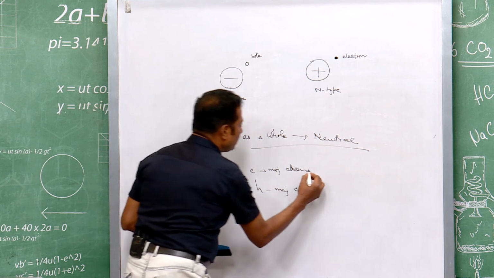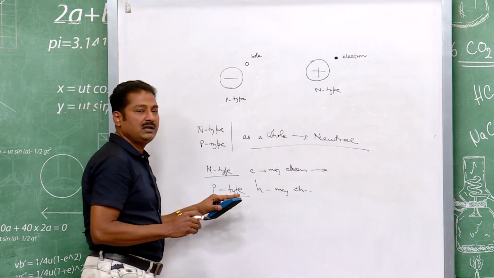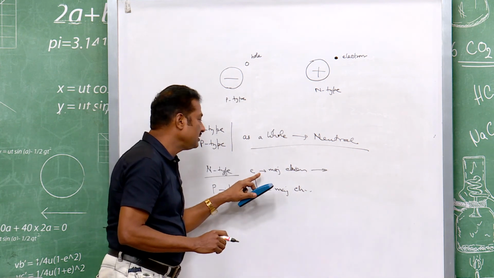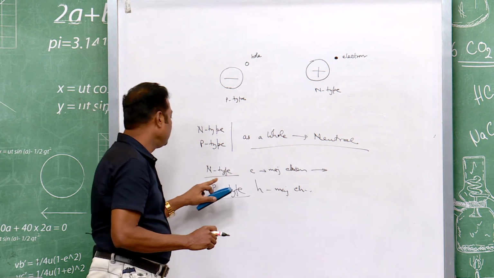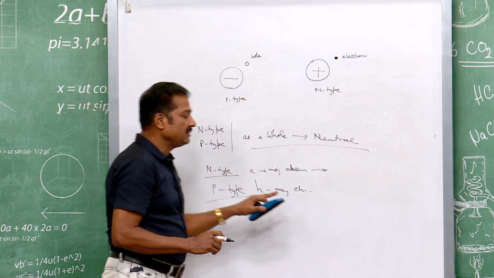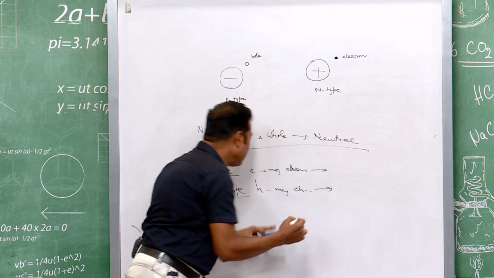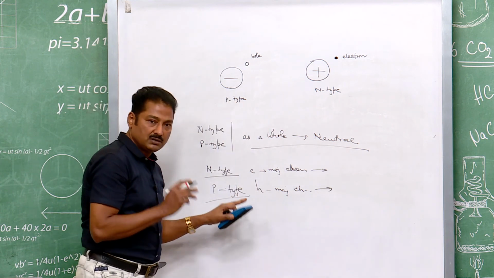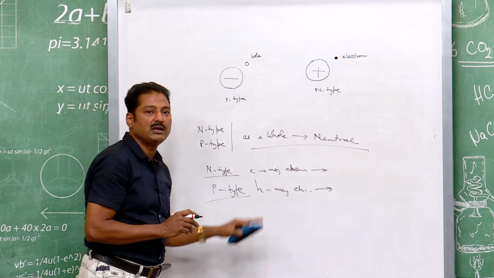So, that means, when the current is conducting, we should consider the electron as the carrier in n type material. For p type material, we should consider the holes as the majority carriers.